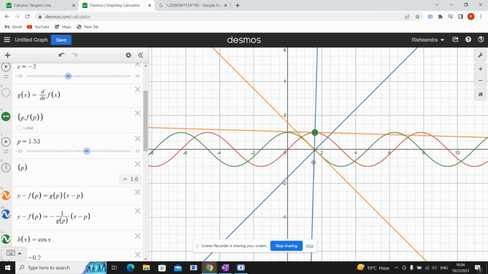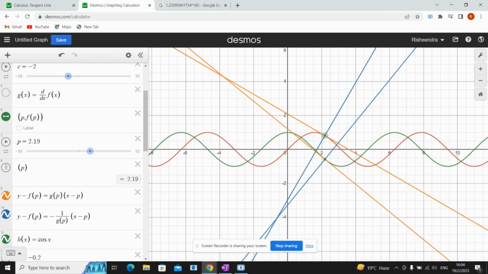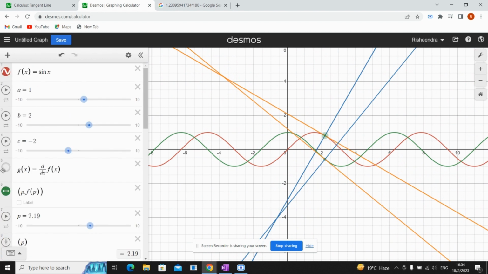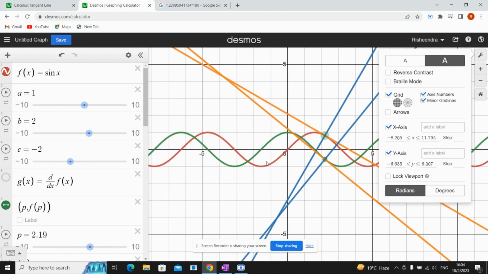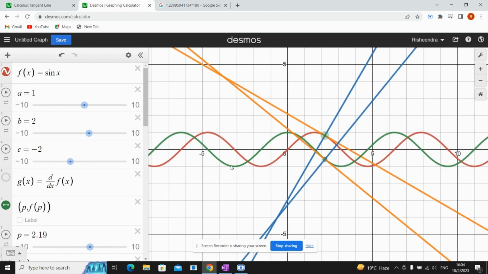Have you ever wondered, let's make it visible. What is the differentiation of sin x? It's cos x. If you make the blue line which is differentiated, it just overlaps. Just increase the contrast to look at that. See, this green color is the cos x graph, right? When g of x, the differentiation of sin x, is cos x, these two lines will overlap.